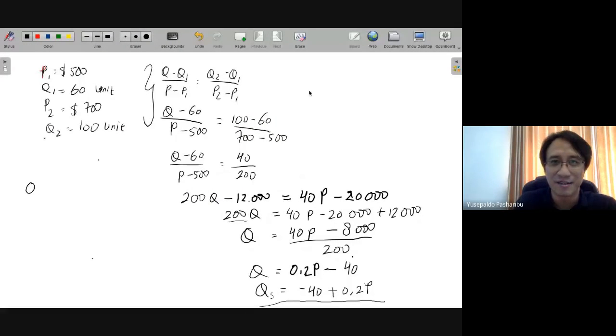So this is how you draw the graph. Create Q and P. If the price is 0, then Q is minus 40.